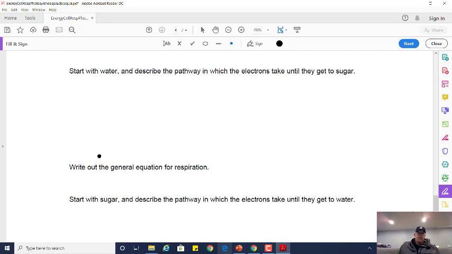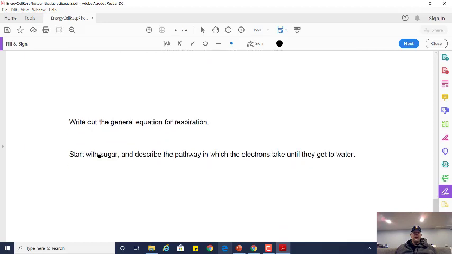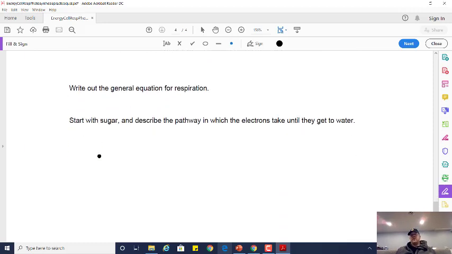If you were to take the general equation for respiration, that's glucose plus 6 oxygens will yield 6 carbon dioxides, 6 waters, and energy. And if we start with the sugar and talk about the pathway those electrons take, basically those electrons get ripped out of sugar during glycolysis, and then get put into NADH.